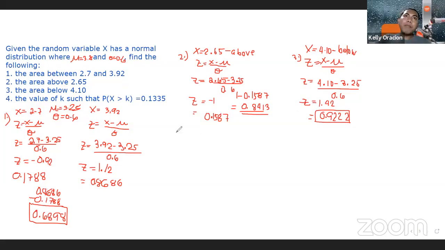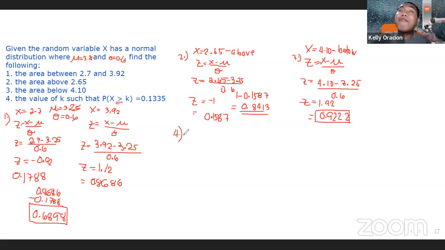For item number 4, it's a bit tricky because you are going to find the value of k. What does greater than mean?